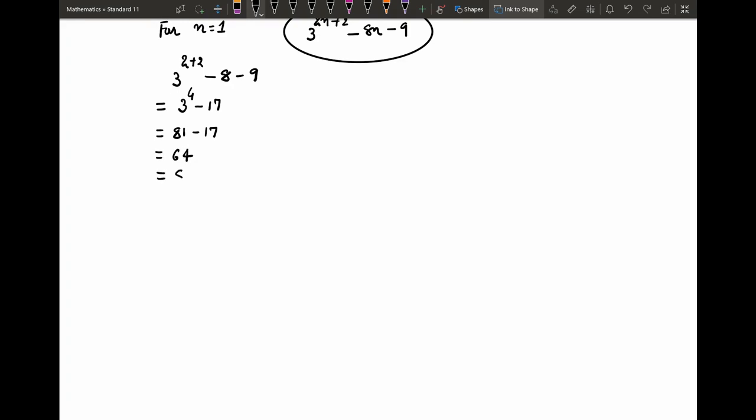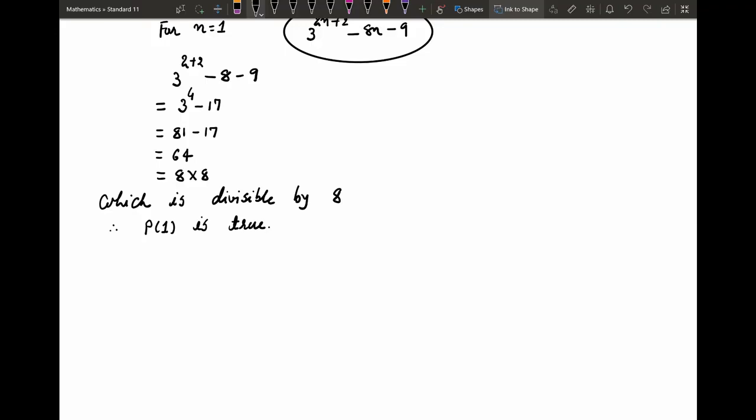This is 8 into 8, which is divisible by 8, and therefore P of 1 is true. The result is true for n equal to 1.